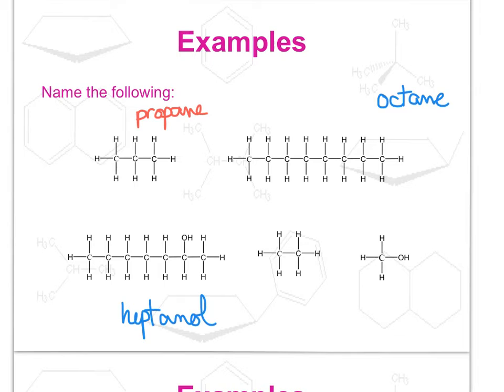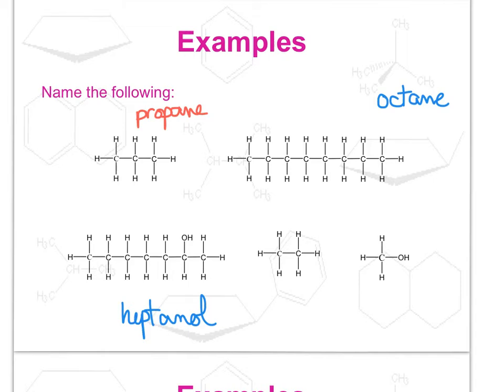When we give the name, we need to be able to go from the name to the structure or from the structure to the name. So this is not complete because I don't know where to put that OH. So we need to put a number in the front that tells us where that alcoholic group, where that OH is. Now there are 2 choices here. One of them is correct and one of them is not correct.